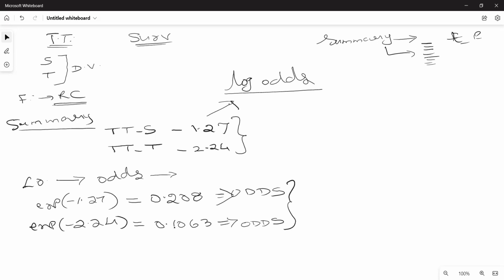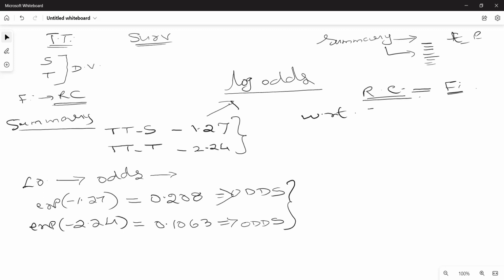This is where the reference class comes into the picture. What is the reference class? It is the first class ticket. So the interpretation is going to be with reference to a passenger having a first class ticket.